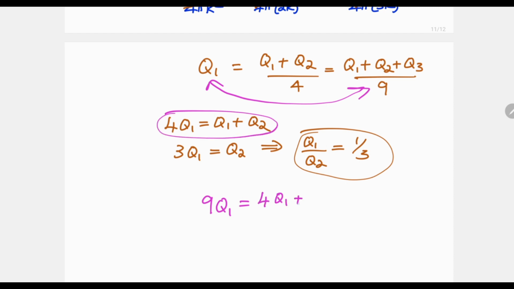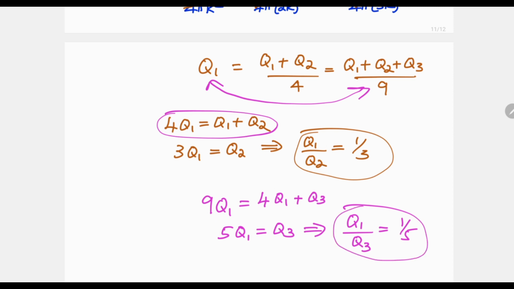So 9Q1 is equal to 4Q1 plus Q3. That means 5Q1 is equal to Q3, which implies Q1 by Q3 equals 1 by 5.